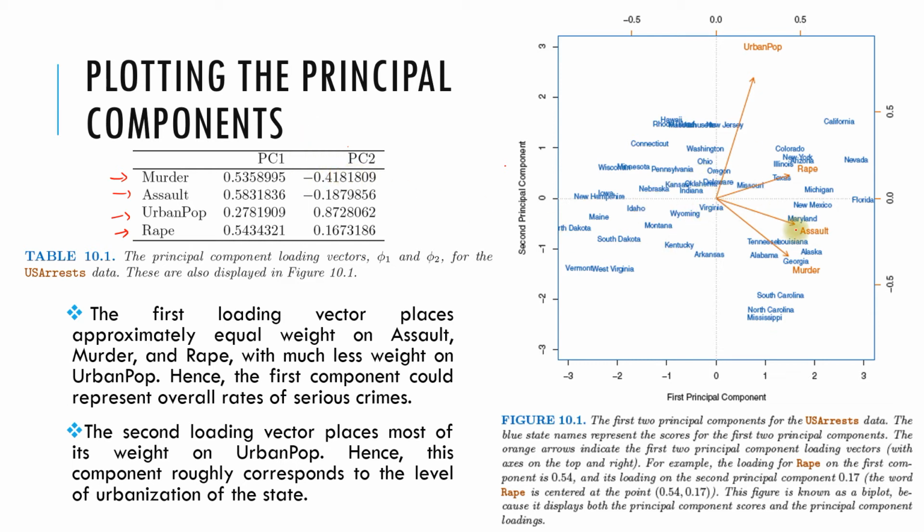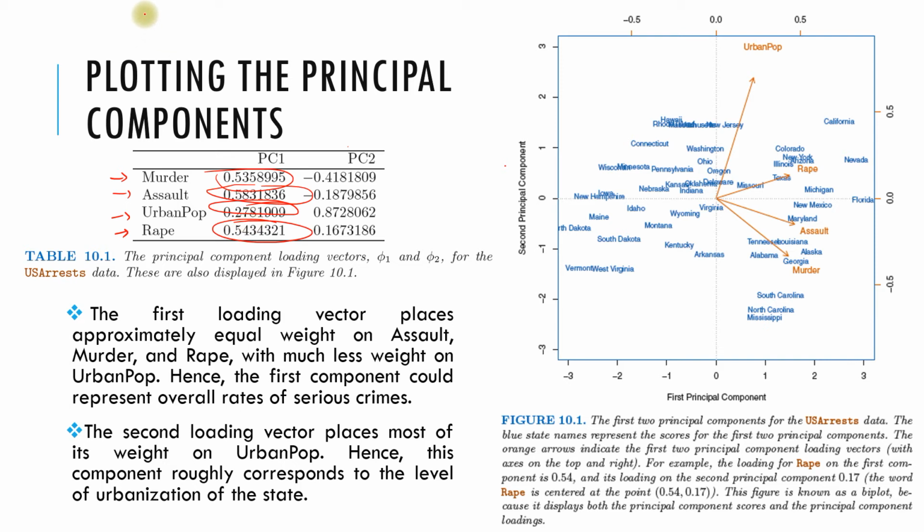Now, not only can you plot the different vectors, but you can also plot the different scores that have been obtained by applying these factor loadings. So for the first principal component, you have this linear combination.